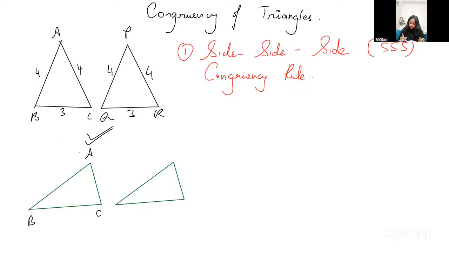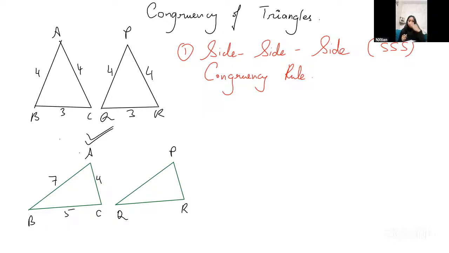Now, in my scalene triangle ABC, AB is 7 centimeters, BC is 5 centimeters, AC is 4 centimeters.